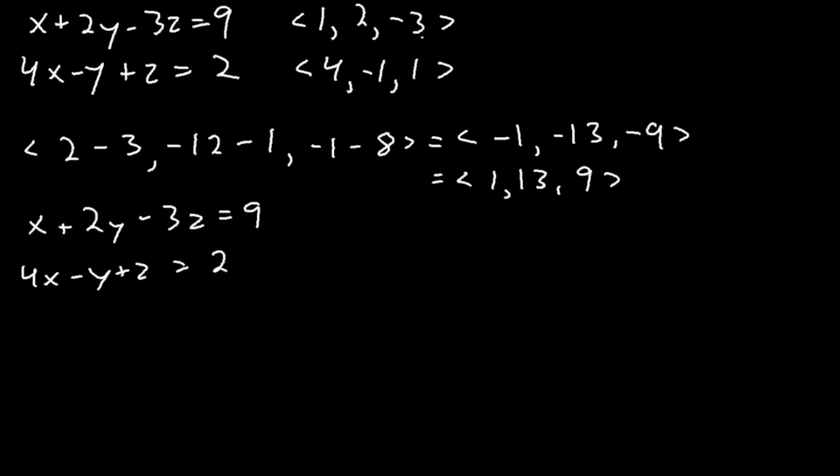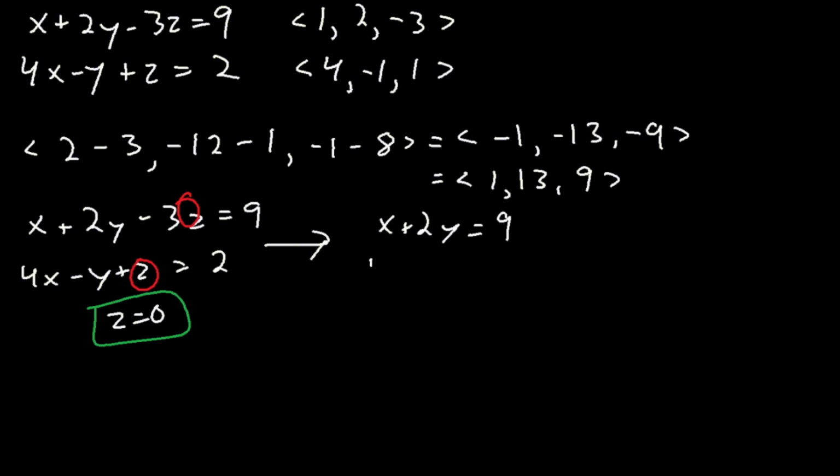So for this one point, I'll just set z equals 0 first again, just preference. And let's rewrite the equations. X plus 2y is equal to 9. 4x minus y is equal to 2.